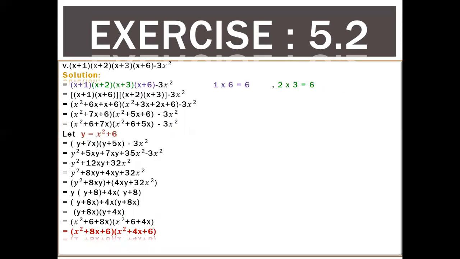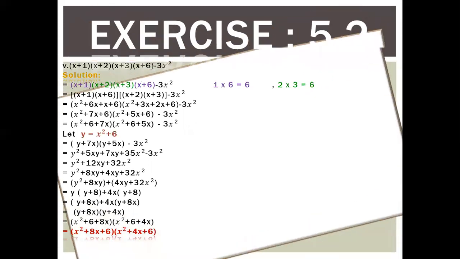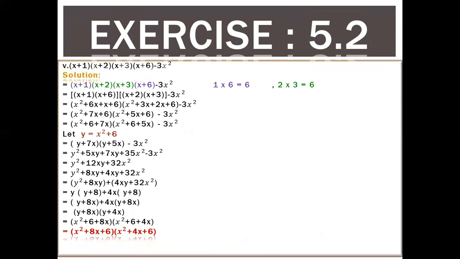And part 4 is the same as what you have done in part 3. Part 5 is a little bit different because the last term is given as 3x square. In the last two parts, the constant terms are given, but in this part, the last term is minus 3x square.